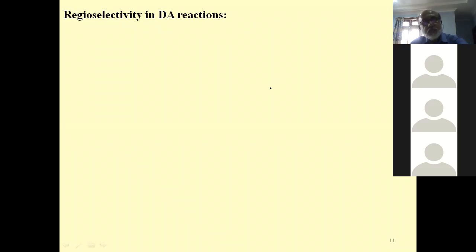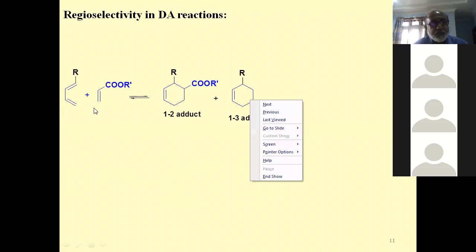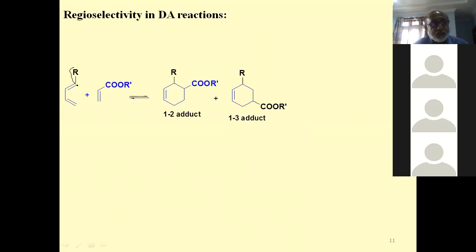Now let us see what happens when the diene and the dienophile are unsymmetric. The diene has a substituent here, and the dienophile has another substituent here. There are two possibilities: it may be the 1-2 adduct, where R and COR prime come in the 1-2 position, or the 1-3 position.